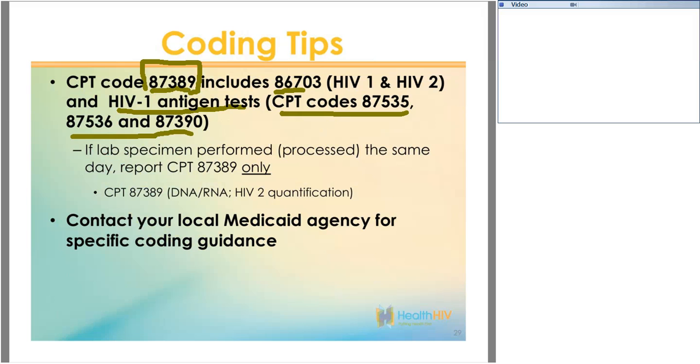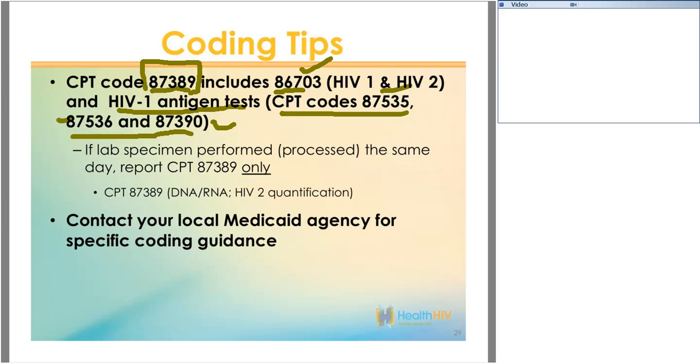All of these codes, 86703, 87535, 87536, and 87390, they all bundle and roll up into this one code here. So if you were to separately report all of these codes for the services that were rendered, that's considered unbundling, and typically the insurance companies don't particularly find that to be compliant when you unbundle and bill services separately for the purposes of increasing your reimbursement.